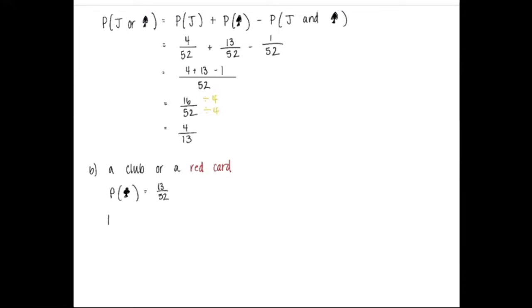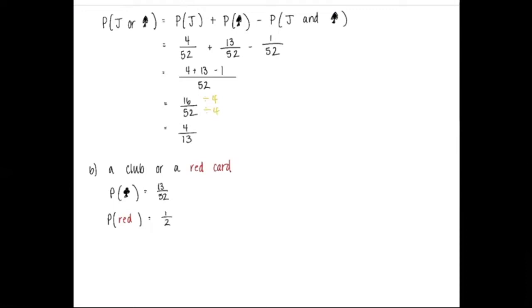What is our probability of getting a red card? How many colors are there in our deck? 2. You can get a red card or a black card. So you have a 1/2 chance of getting a red.